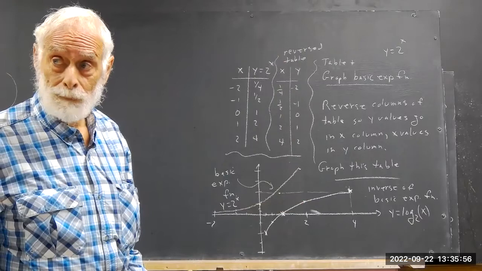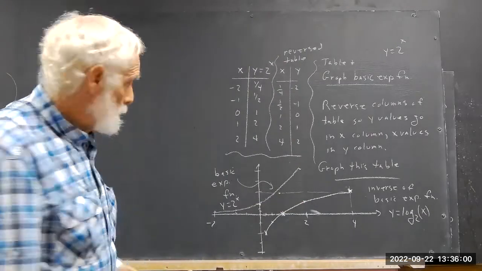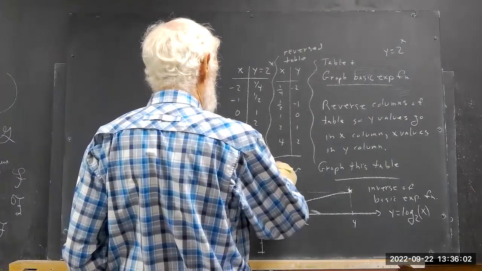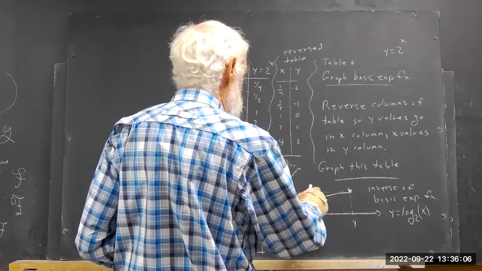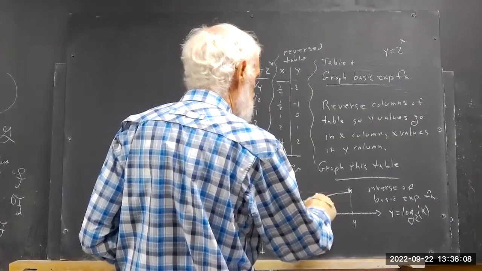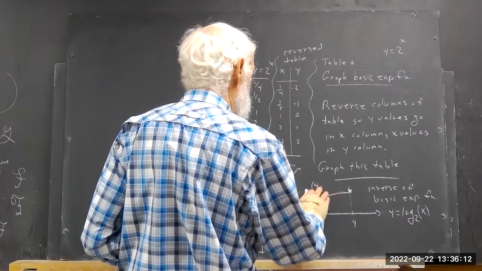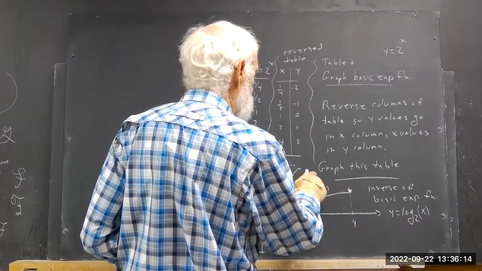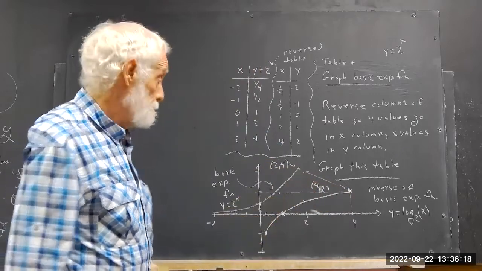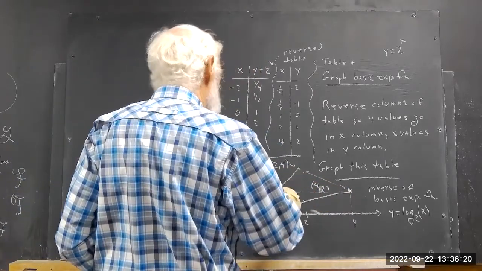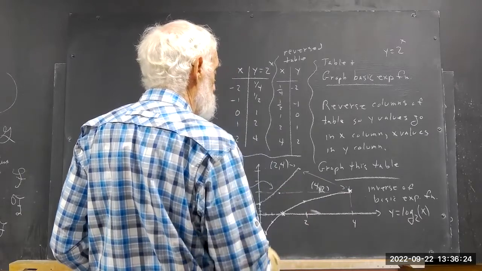And you see that what we've done is we switched x and y. Like we have the point 2, 4 here. Go down here, we have the point 4, 2. We have the point 1, 2, and here we have the point 2, 1.